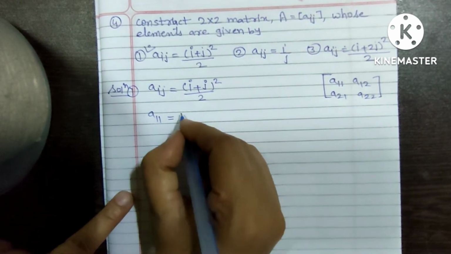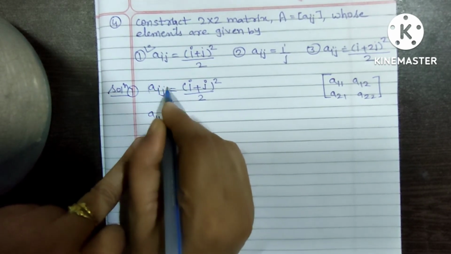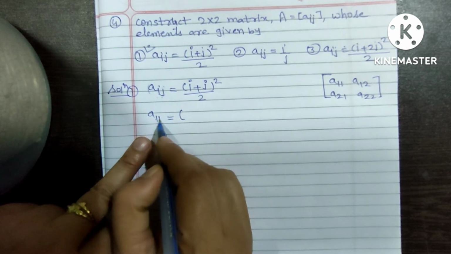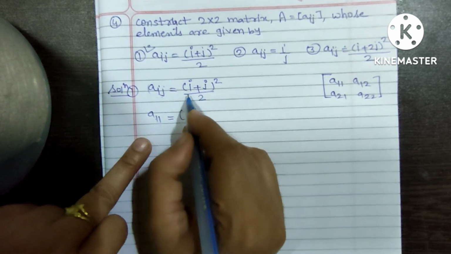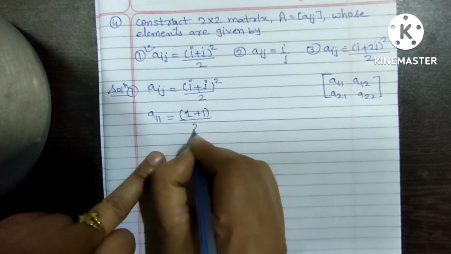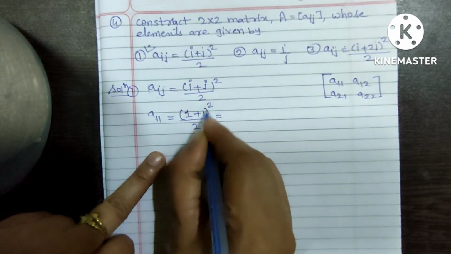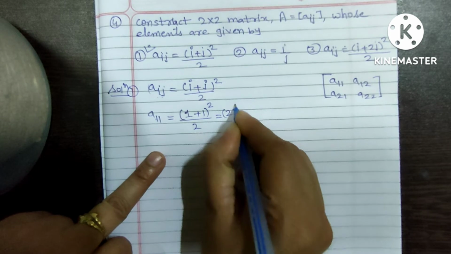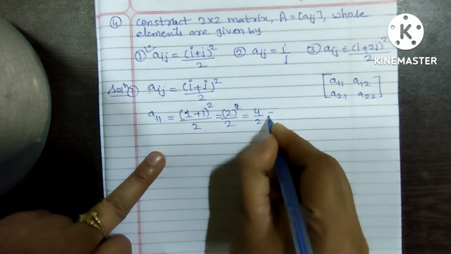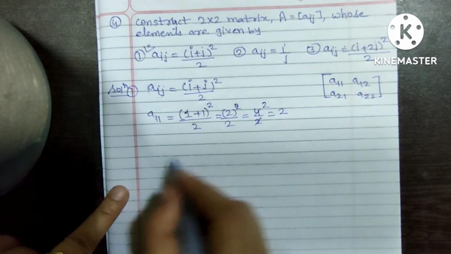So A11, that means I की जगह पर फ्रेंड्स कितना है, जनरली हमारी एंट्री कैसी होती है, Aij. तो I की प्लेस पर यहाँ पर कितना है 1, J की प्लेस पर यहाँ पर कितना है 1. सो इन दोनों की वैल्यू प्लेस कर देंगे. So (1 plus 1) the whole square divided by 2. It will be 2 square divided by 2, and 2 square will be 4. 4 by 2 will be 2, right? So our first entry will be 2.